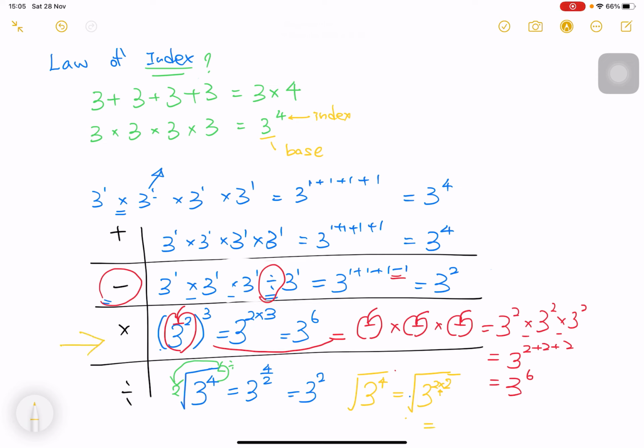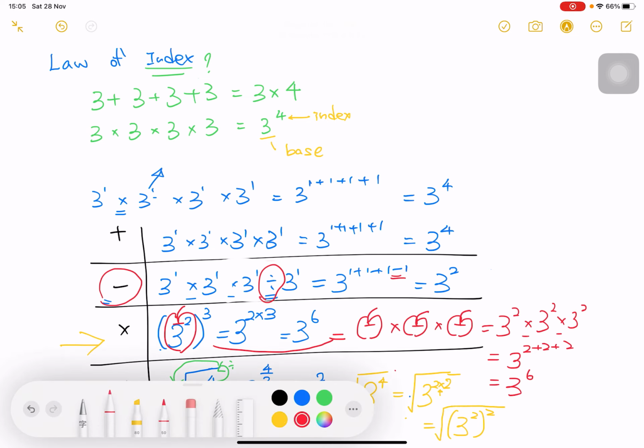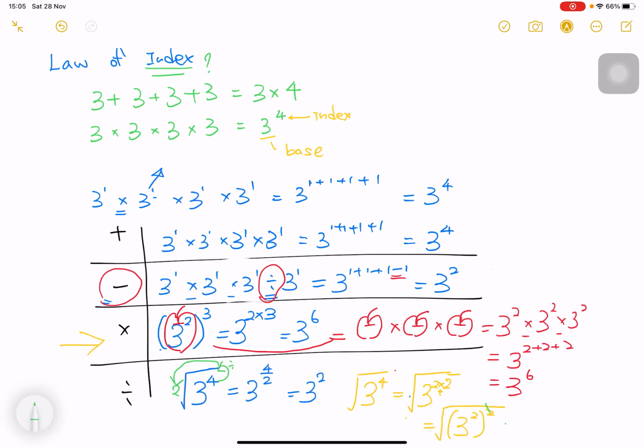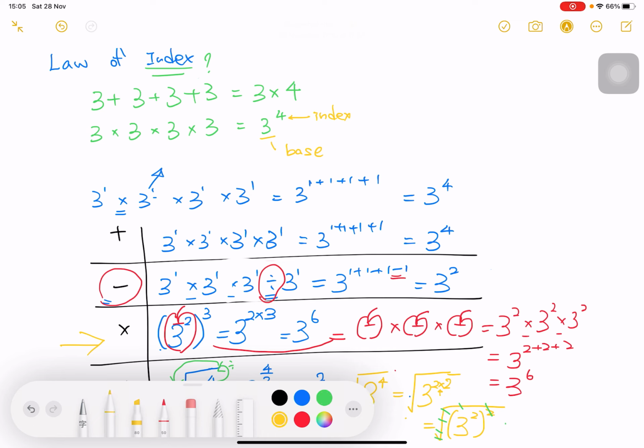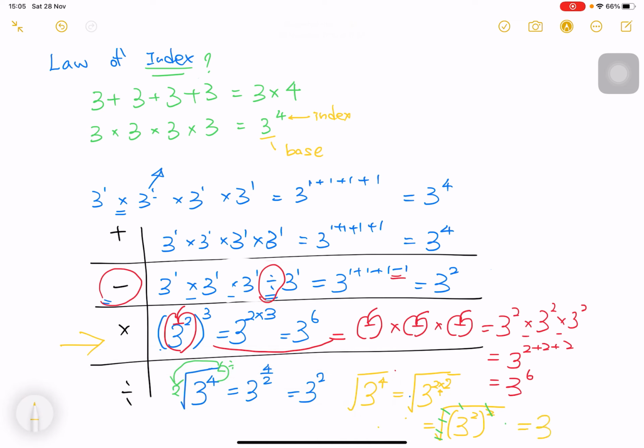It will become 3 to the power of 2, and then bracket 2, and then find out the root of it. And for this time, if you see the 2 and the root here, you actually can simplify the answer. And then you can find out the answer here is 3 to the power of 2, which is also the same as the thing that we just taught here.